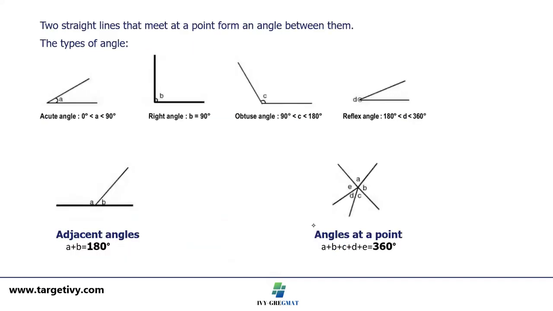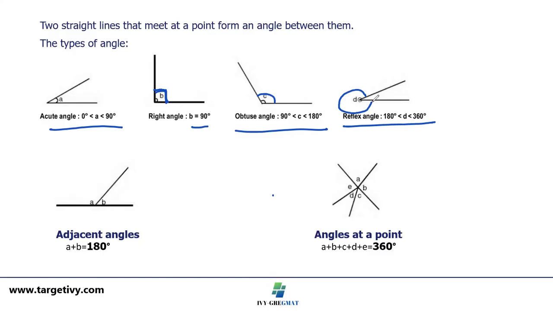The drawings are in front of you, how they look: an acute angle between 0 and 90 degrees, a right angle which is 90 degrees, generally designated like this, an obtuse angle which is 90 to 180 degrees, more than 90 degrees. A reflex angle doesn't appear much here, but for our understanding's sake, this is more than 180 and less than 360.